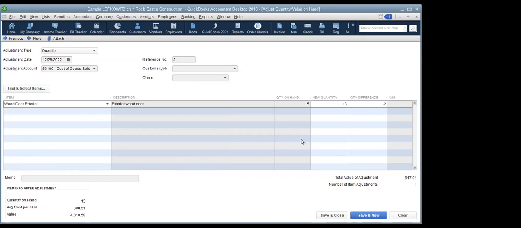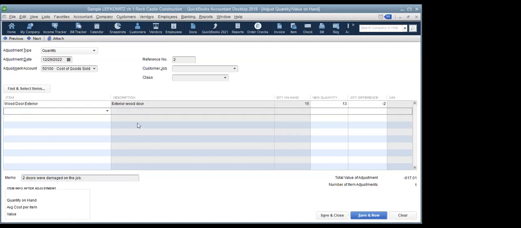Because 2 doors are damaged on a job. So I want to write down the memo. 2 doors were damaged on the job. Okay, so 2 doors we can't use.